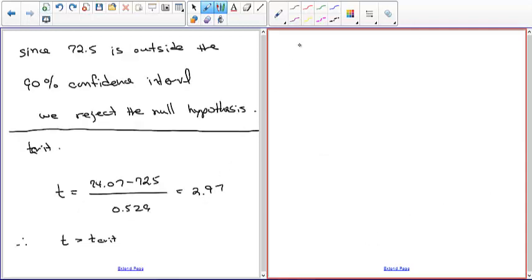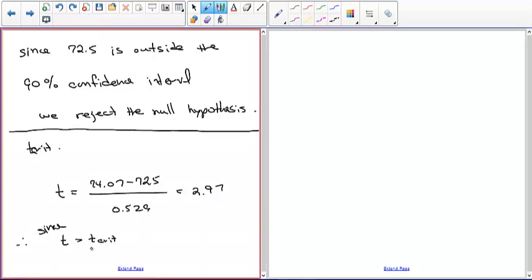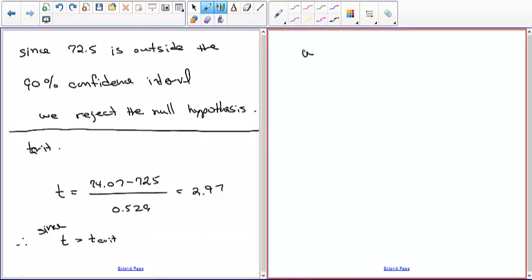So the same thing. Since the t is greater than t critical, we reject the null hypothesis.